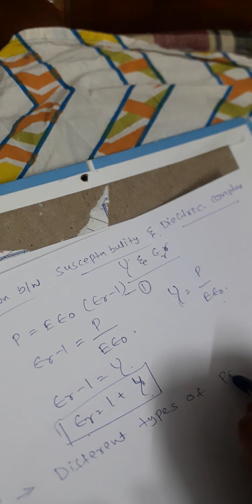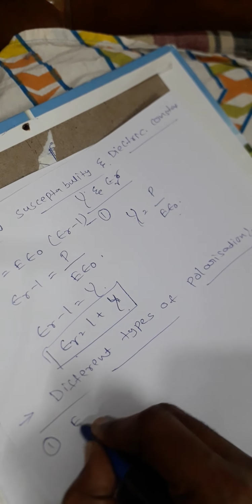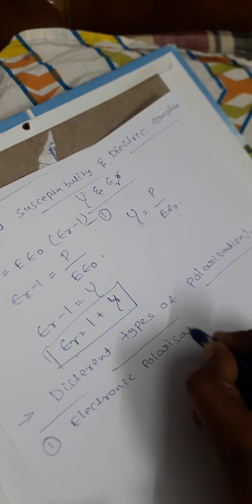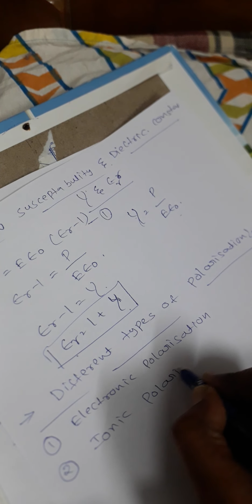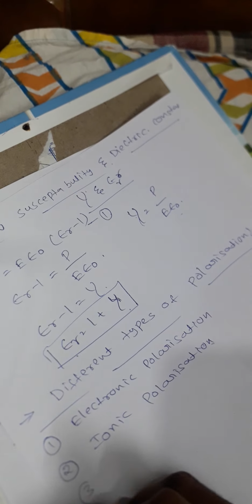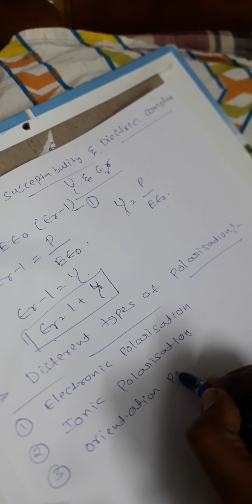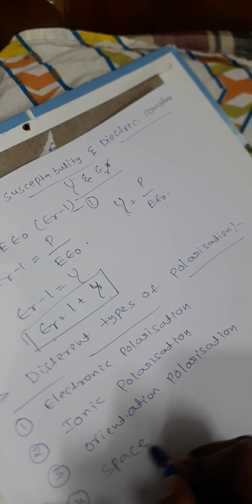Next we discussed the different types of polarizations. Polarizations are mainly classified into 4 types: electronic polarization, ionic polarization, orientation polarization, and the fourth one is space charge polarization.